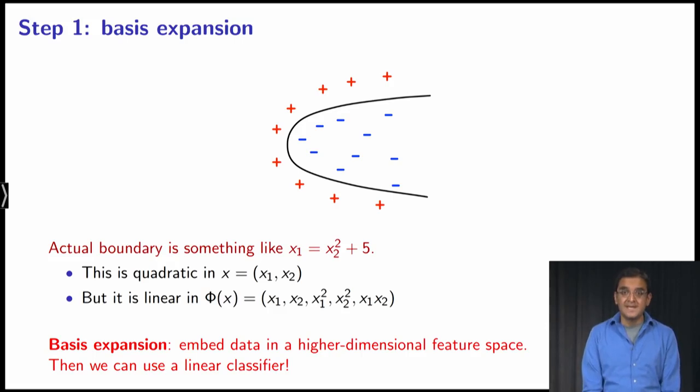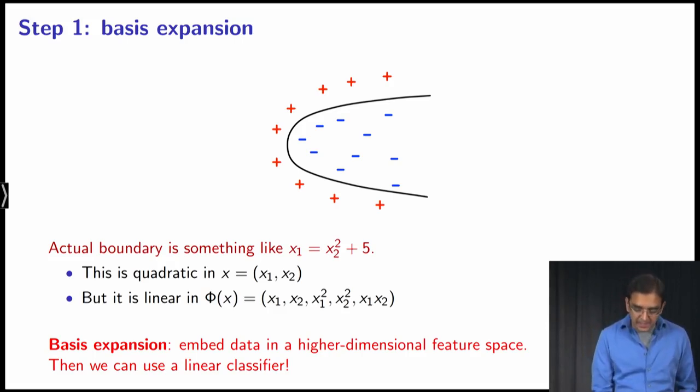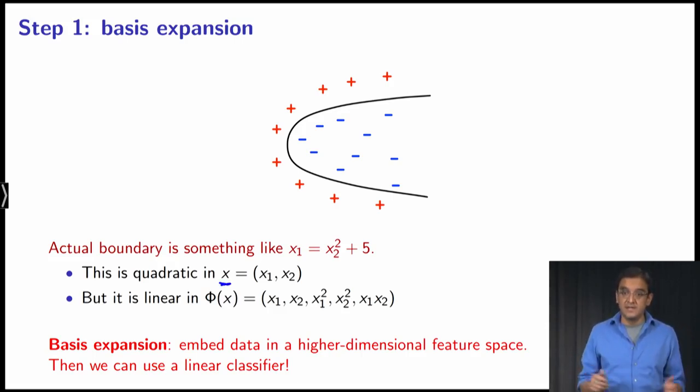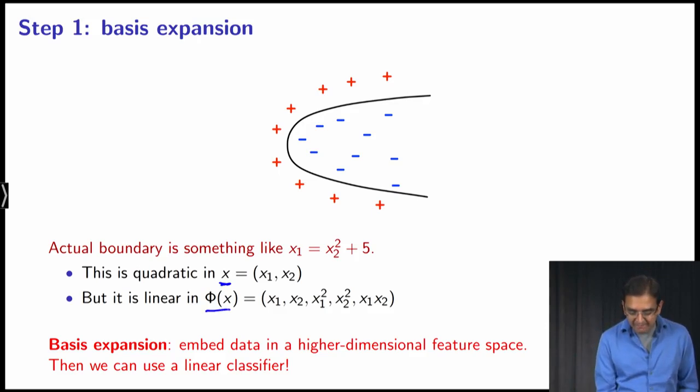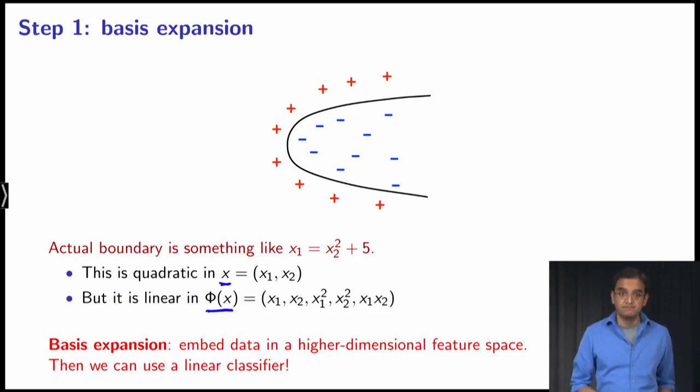The first one is basis expansion. So the idea here is to replace our original data vectors with expanded vectors, phi of x.